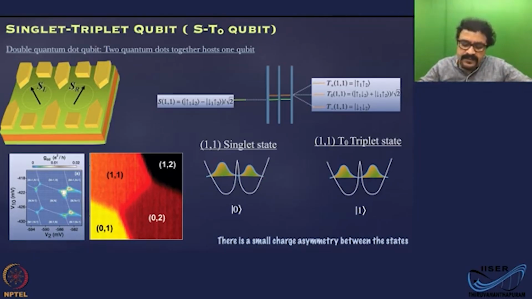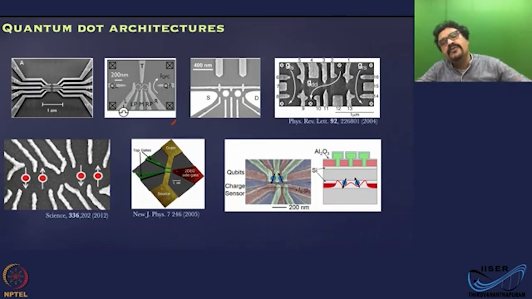Now let's look at over the years what are the various configurations this gated quantum dot system has gone through. So these are one of the earlier designs where you have gates and source and drain here, and when you apply voltages on all of this, you get 2 dots. Okay, but there is no readout device for this one.